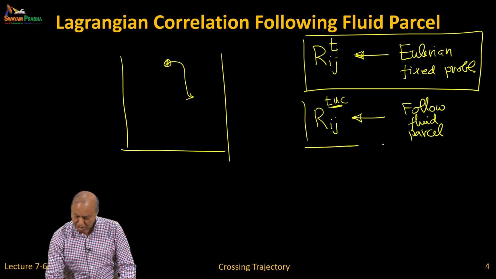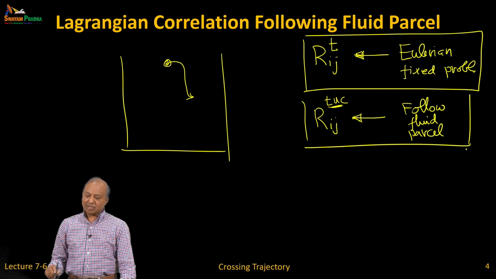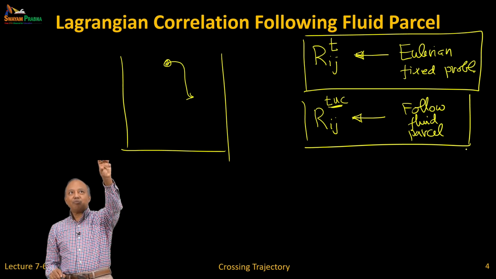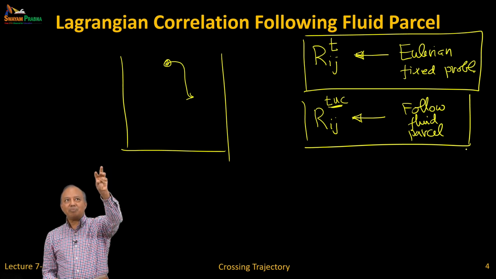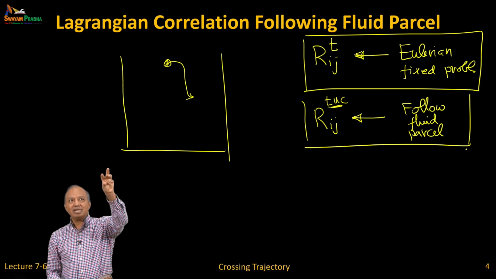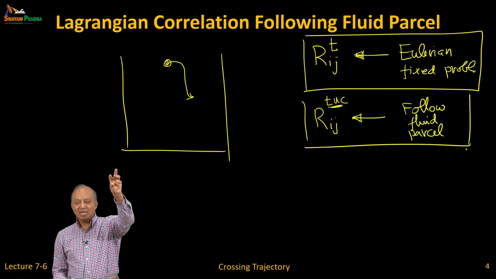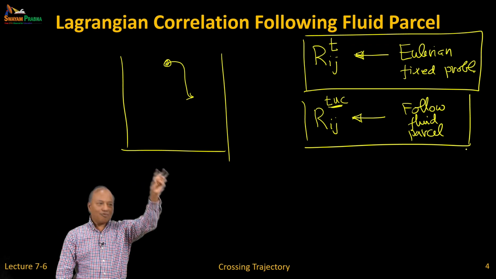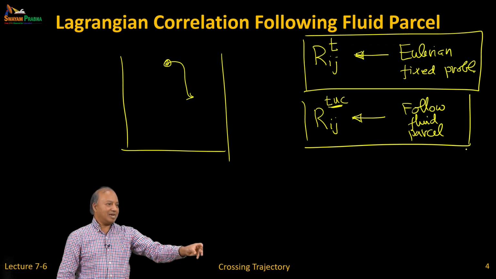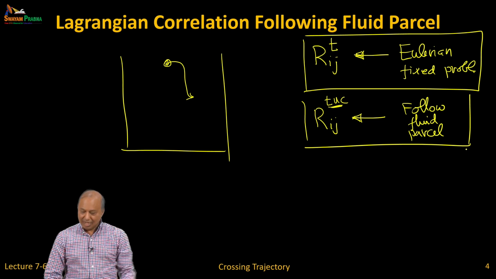This is how people have done it; I am just telling what others have done. You say first I am going to measure at 2 different times the ith and the jth component of fluid velocity sitting at the same point. Then you relax and say, okay, fine, I will follow the fluid parcel and take the velocities at 2 different times.